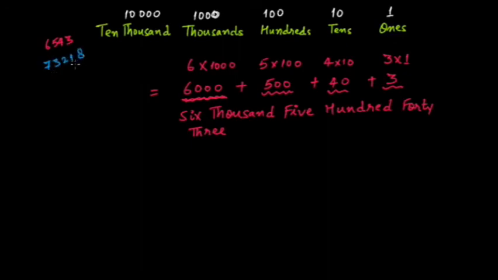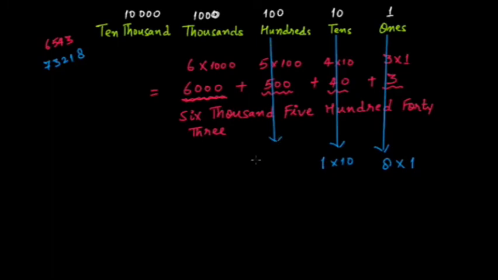Now, suppose you have the number 7, 3, 2, 1 and 8. This time we have a 5 digit number. So, at the ones place will be 8 multiplied by its value. At the tens place will be 1 multiplied by its value. At the hundreds place will be 2 multiplied by its value.